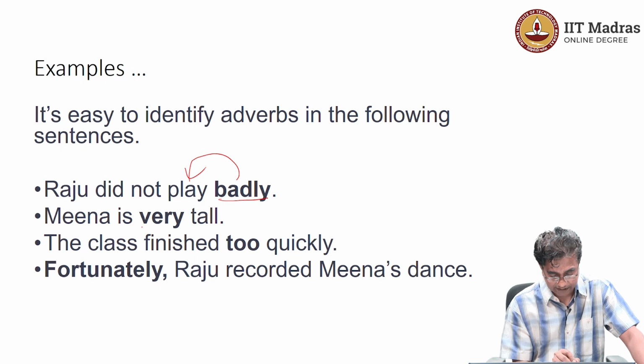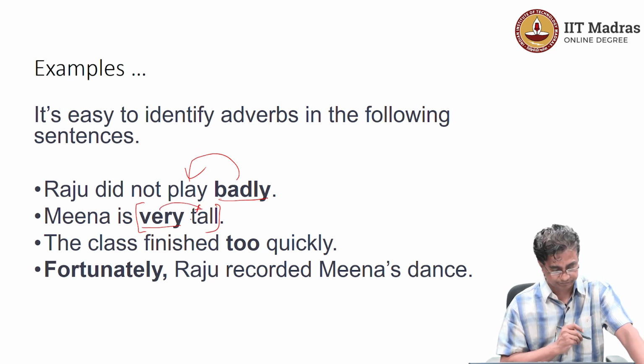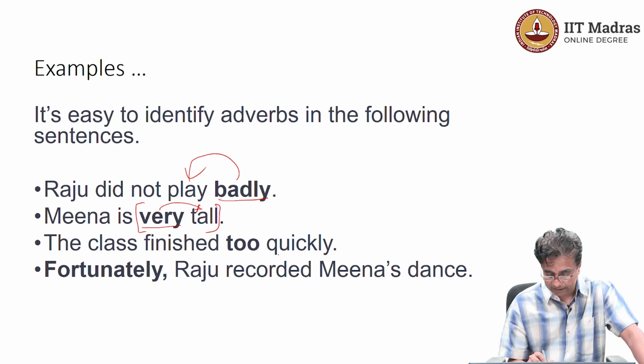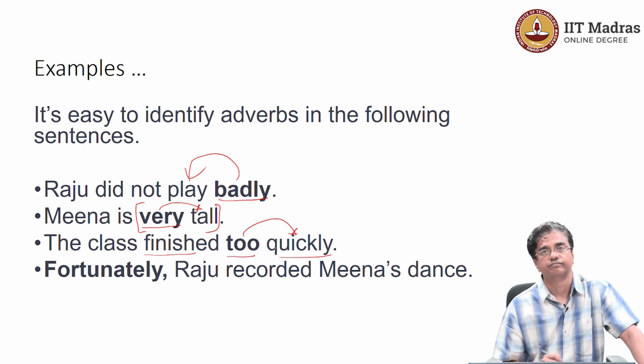When we say very tall, this is a predicative adjective which has a word modifying the adjective tall. The class finished too quickly. Quickly is definitely an adverb because it is talking about finishing, but the element too is modifying this one.